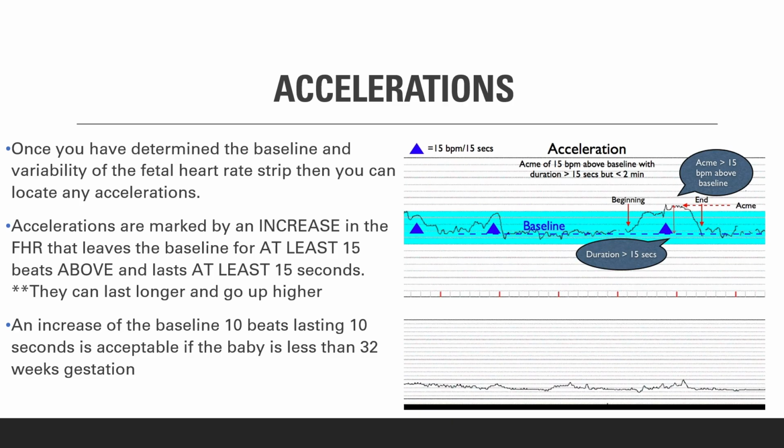Normally these criteria are appropriate for a fetus of 32 weeks and above. For a fetus below 32 weeks, the criteria is 10 beats per minute, lasting 10 seconds. As you can see in this picture, it's a really good indication of what an acceleration is.